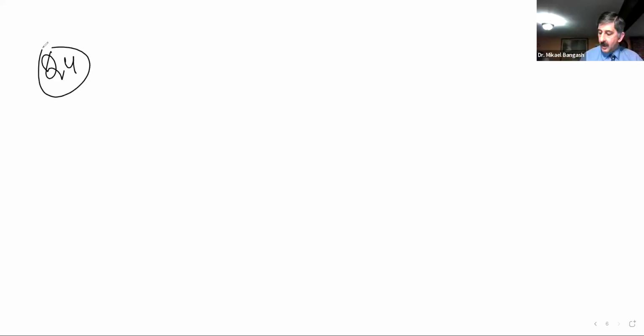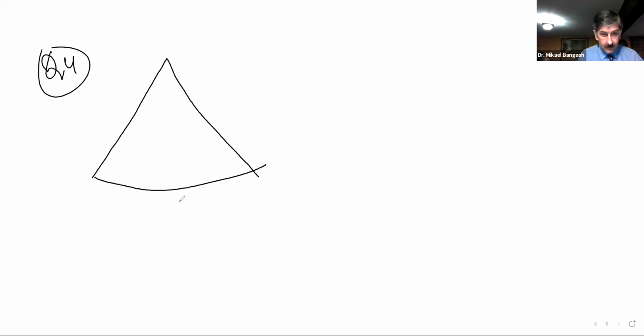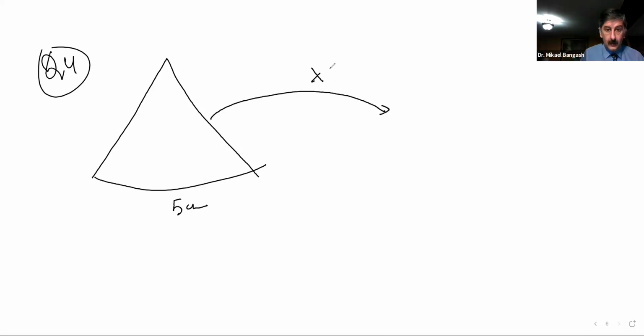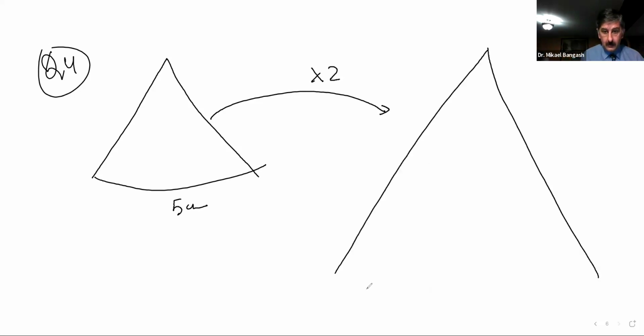Question number 4. A sonographer has adjusted the ultrasound scan to double the depth of view from 5 centimeters to 10 centimeters. What happens to the frame rate? So what do we have here? We had a depth of image of 5 centimeters, that is doubled to a depth of 10 centimeters.